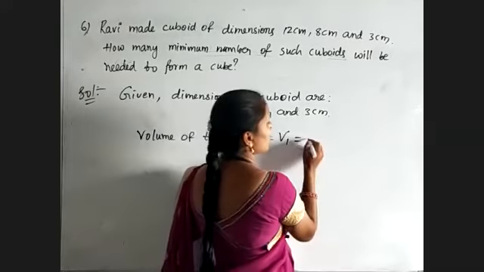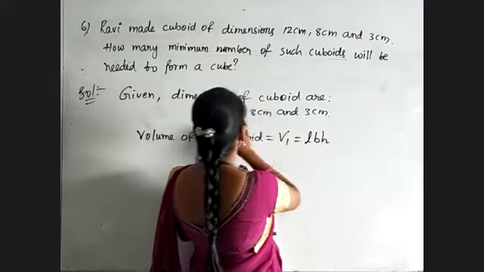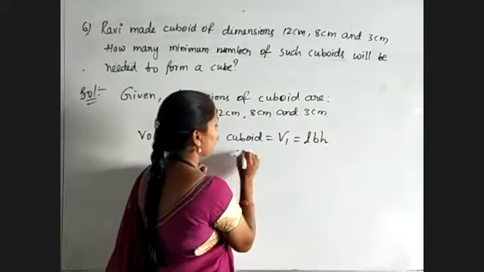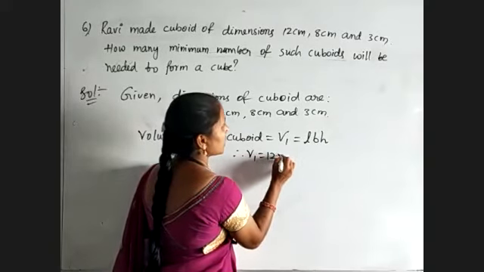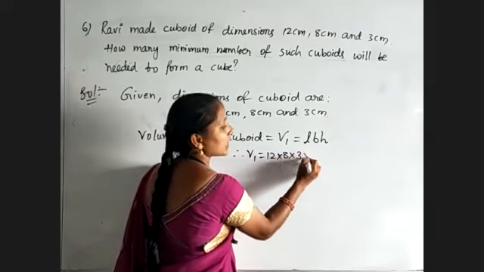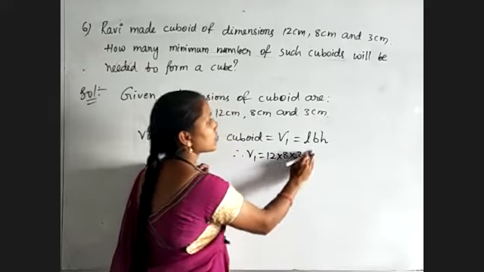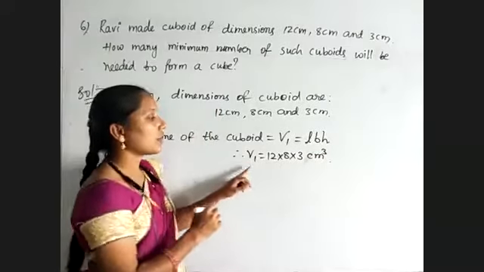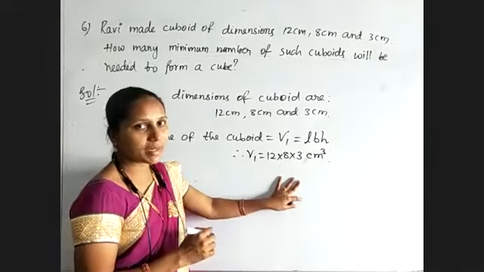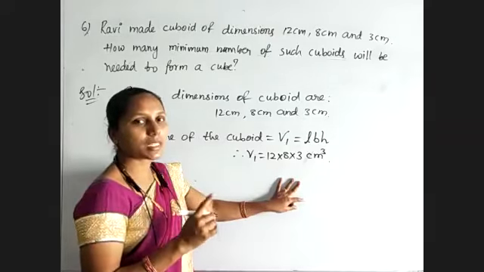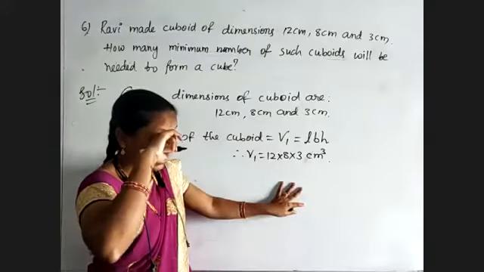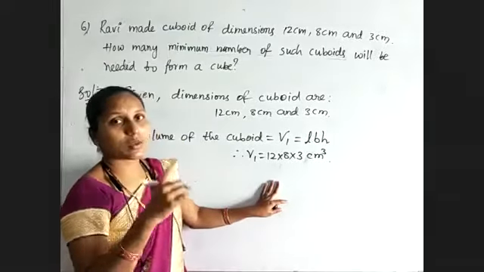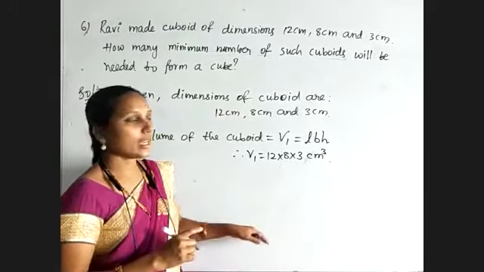V1 is equal to L into B into H. The L value, B value, and H value are given. Therefore V1 is equal to 12 centimeters into 8 centimeters into 3 centimeters. Centimeters thrice is there, that means we will get centimeters cube. The unit of volume is cubic centimeters, whereas the unit of area is centimeter square, square units. Cubic units are for volume and square units are for area.